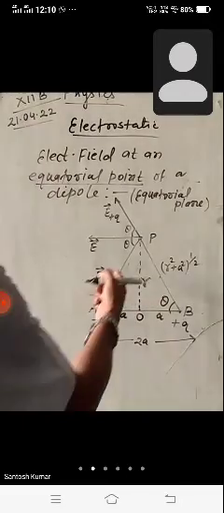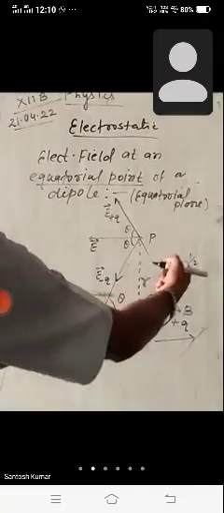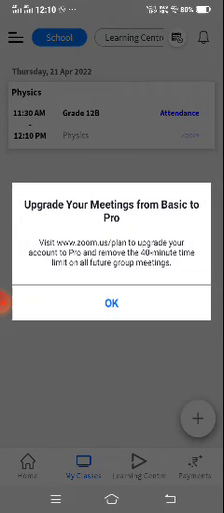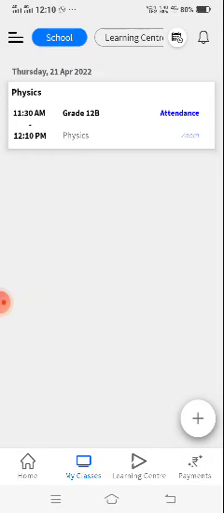Similarly, this will also be (r square plus a square) to the power half. Just note down. And here you can also show the direction of the electric dipole moment P. Electric dipole moment works from negative to positive. Already we had discussed.